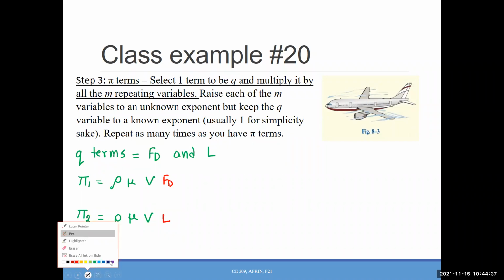And we will use A, B, C, 1, D, E, F, 1. Okay. So this is step 3.